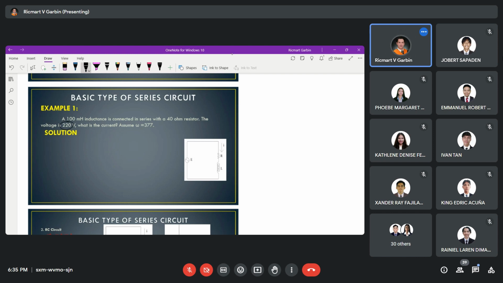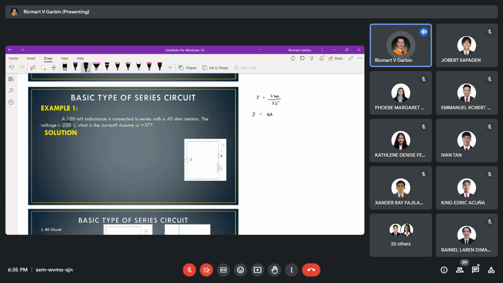Di ba, ang ginawa natin dito is kumuha lang tayo ng value, at idinirekta natin yung I natin is equal to 220 over Z, which is yung nakuha nating magnitude, 40 or 55 rather. So, ang nakuha natin current dito ay 4 amperes.